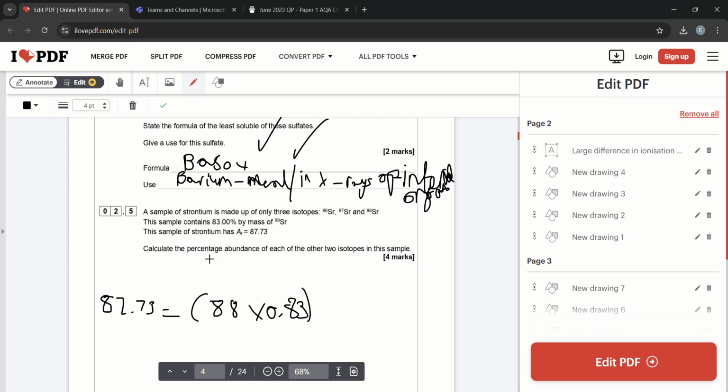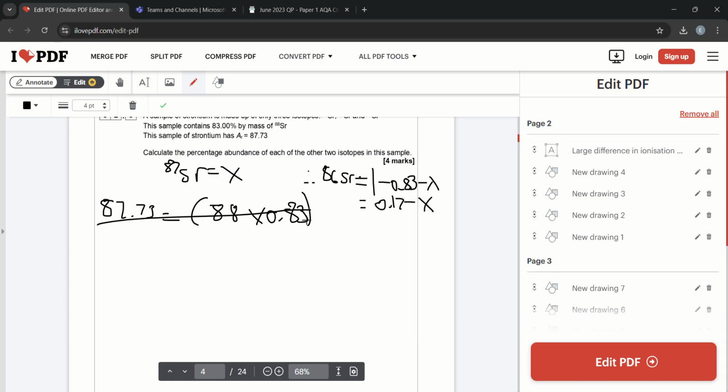87Sr, you can say equals x, therefore 86Sr equals 1 minus 0.83 minus x, which is 0.17 minus x.